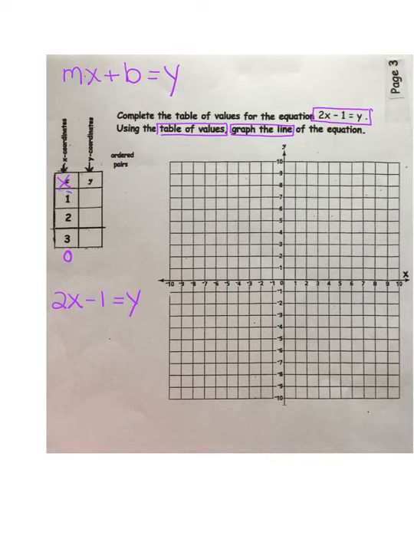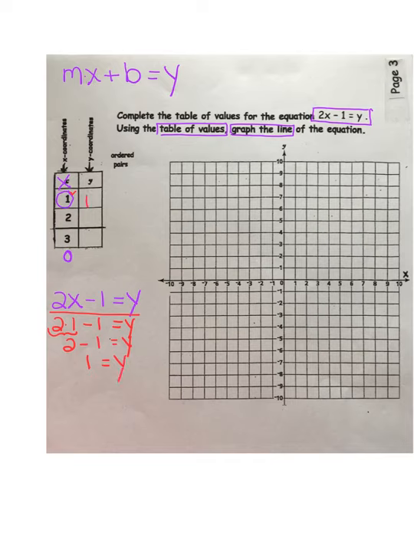So, let's take our first x value and substitute into the equation. Here we go. 2 times 1, take away 1, equals y. Well, 2 times 1 is simply 2. And when we take away 1, we get a y value of 1.